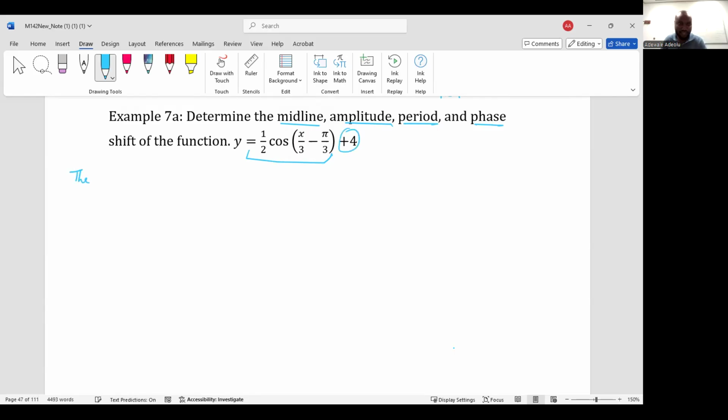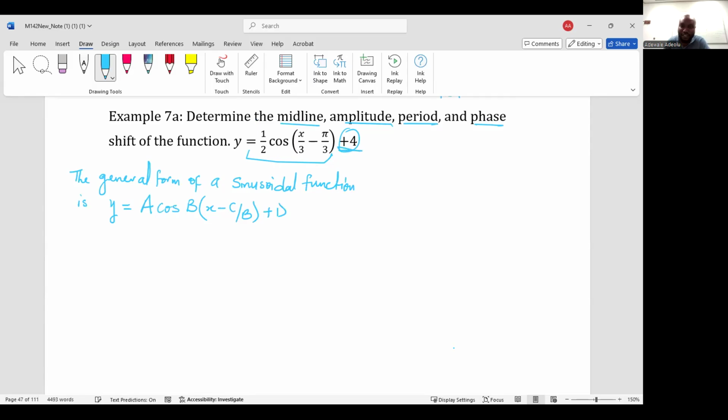Let us start by saying the general form of a sinusoidal function is, you should know this in your head by now, a, in this case we are working with cosine, so cosine b into x minus c over b plus d.